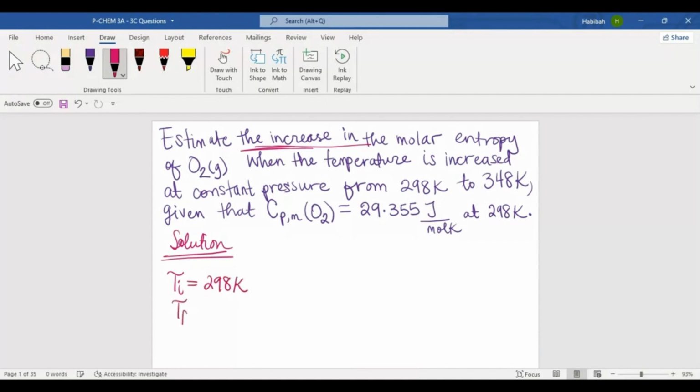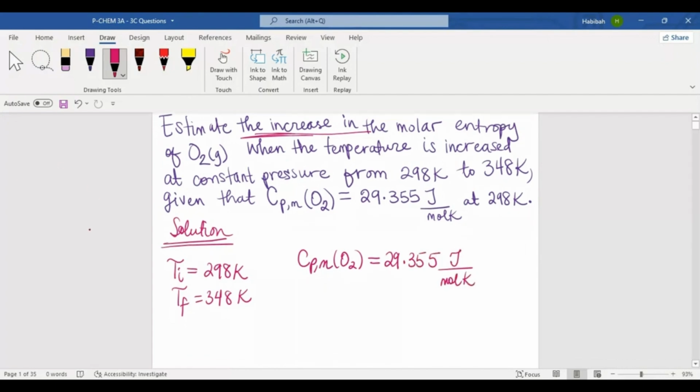So the final temperature is 348 kelvins. Given that the molar heat capacity at constant pressure of O2 gas is 29.355 joule per mole Kelvin. So that is basically the question.